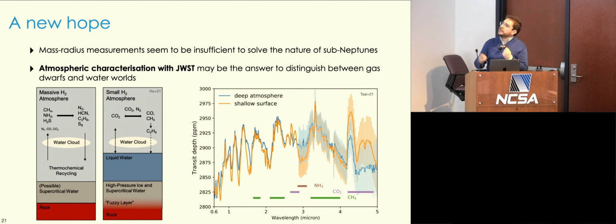So the thing is, with atmospheric characterization, you could see the interior by checking the atmosphere. And there are some mechanisms proposed that, for example, if you have a massive hydrogen atmosphere on top of a rocky core, this is the gas dwarf scenario, you would have different molecules in the atmosphere with respect to a planet that has a smaller hydrogen atmosphere, but on top of liquid water.